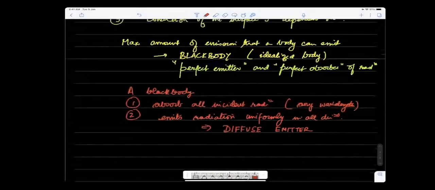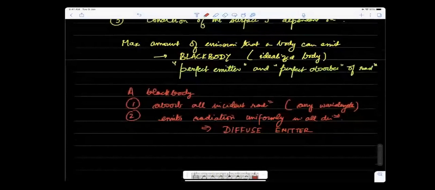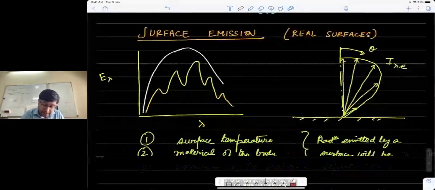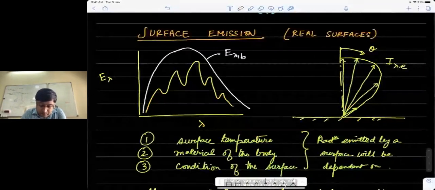So if I go back to my sketch that I had done, pardon me for scrolling up, we are talking of a black body which has the maximum possible emission. So that would be maybe this curve, which we see here. This is the emission from a black body, and this was the real surface.